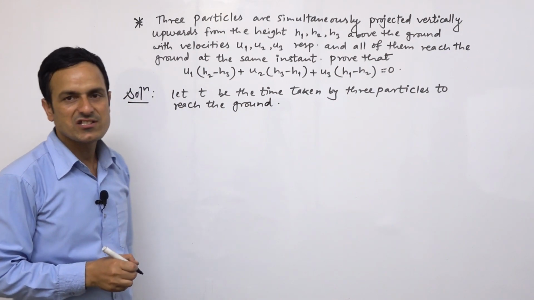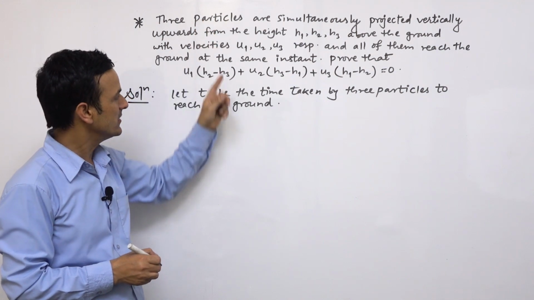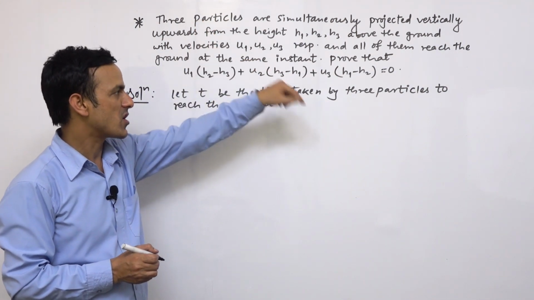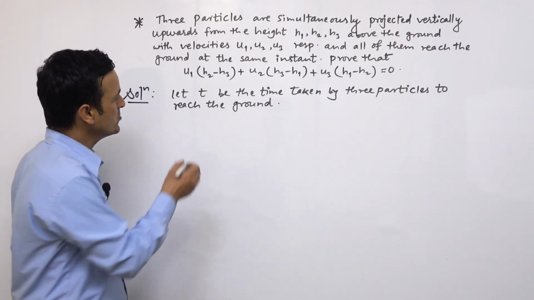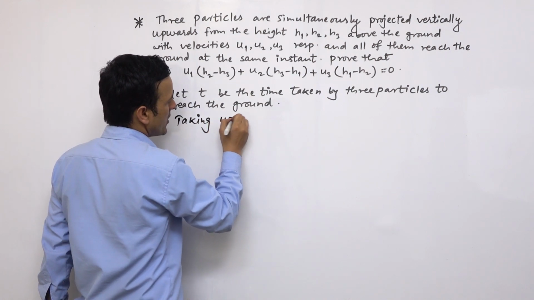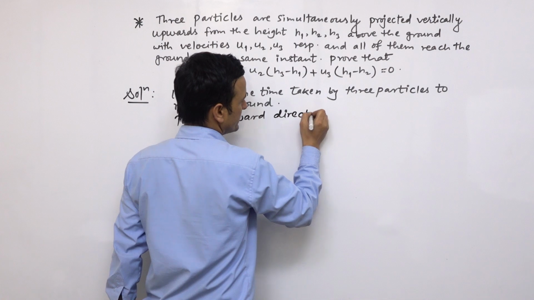So we can suppose the time taken by 3 particles to reach the ground at the same time. एउटै टाइममा ग्राउन्डमा पुगेको टाइमलाई हामी स्मल t लेख्छौं. And taking upward direction as positive.